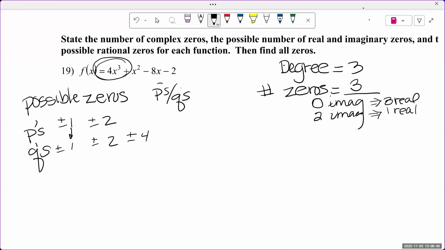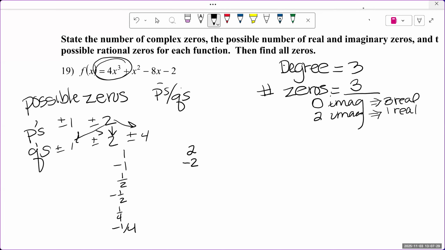We make fractions. 1 divided by 1 is 1. So I'm going to list these. 1 and -1. 1 divided by 2, we have 1/2, -1/2. 1 divided by 4, 1/4, -1/4. 2 divided by 1, we have 2 and -2. 2 divided by 2 is 1, but we've already listed that. 2 divided by 4 is 1/2, and we've already listed that.